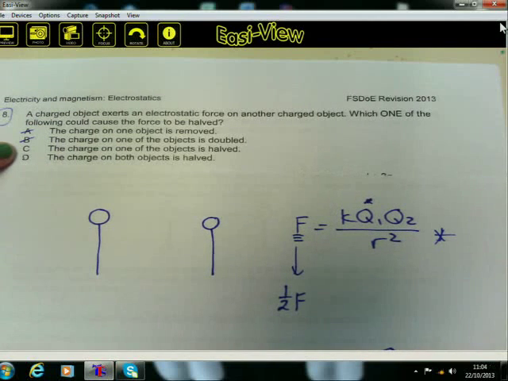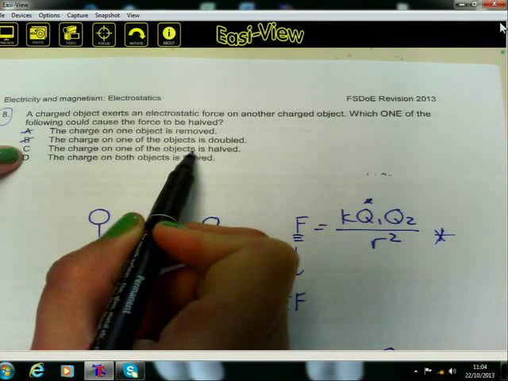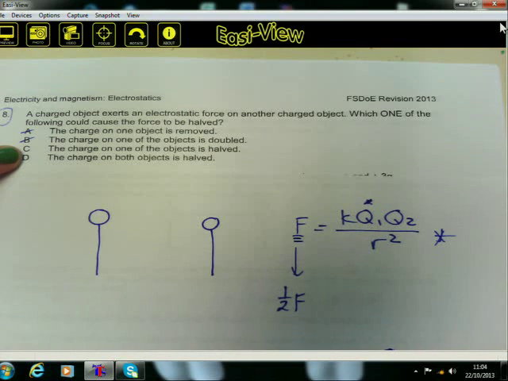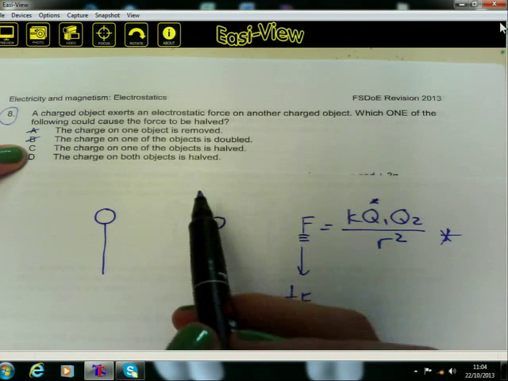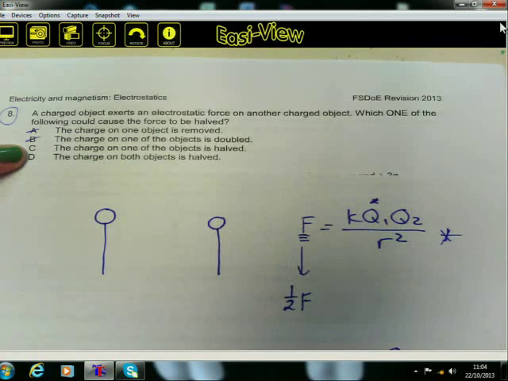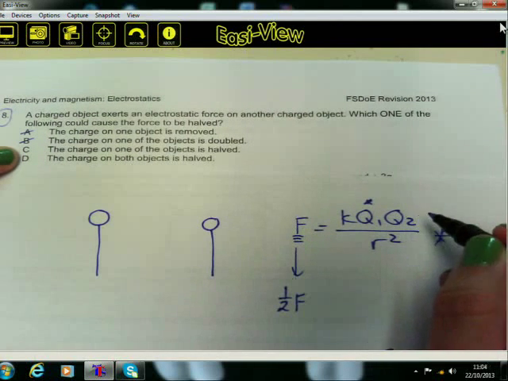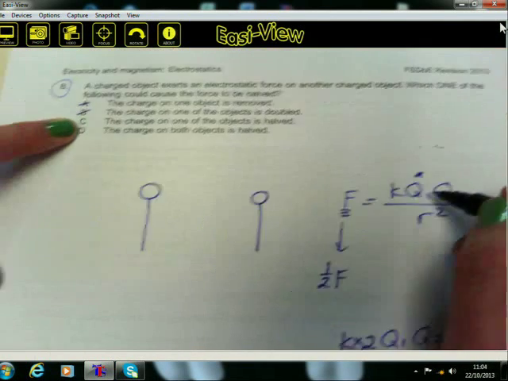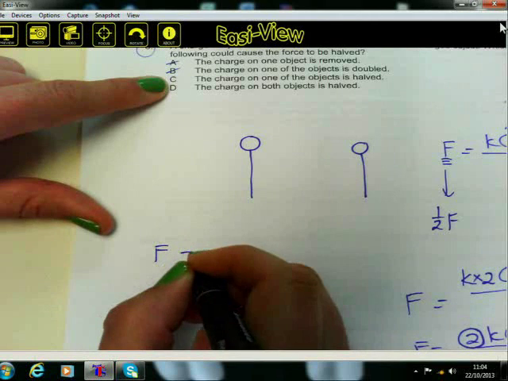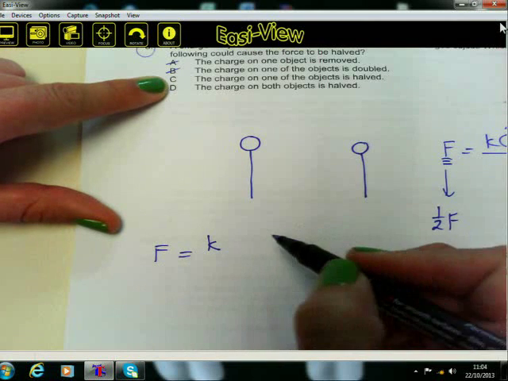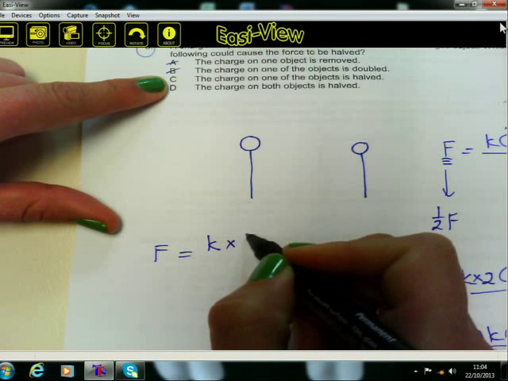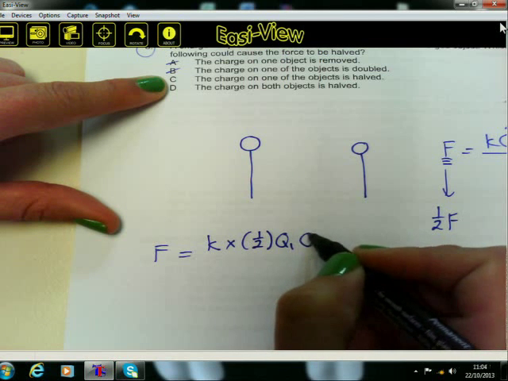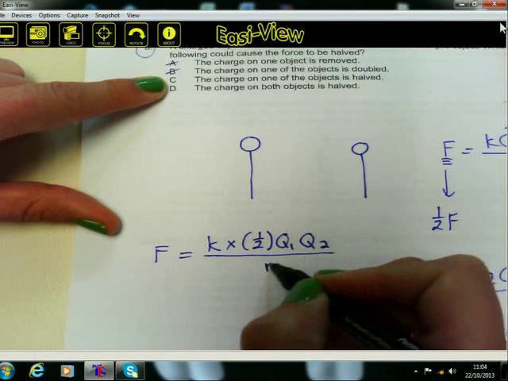Let's look at C. The charge of one of the objects is halved. I have an idea this one is going to be the correct one. Let's see what happens. Our original expression is K Q1 Q2 over R squared. What is going to happen if we halve one of these charges? F equals K times 1/2 Q1 Q2 over R squared.